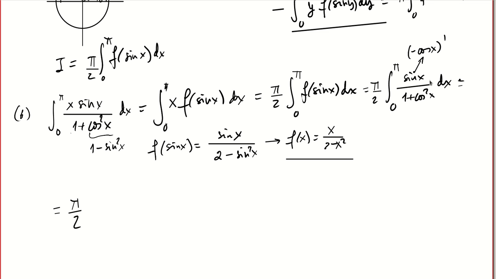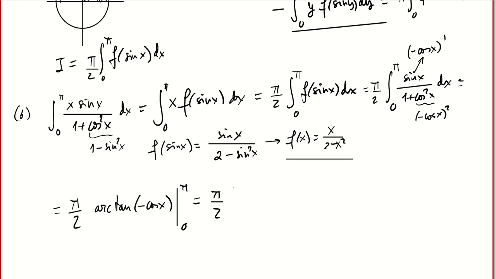So what we have here is just an immediate primitive: the arctangent of minus the cosine of x, between 0 and pi. So what is that?